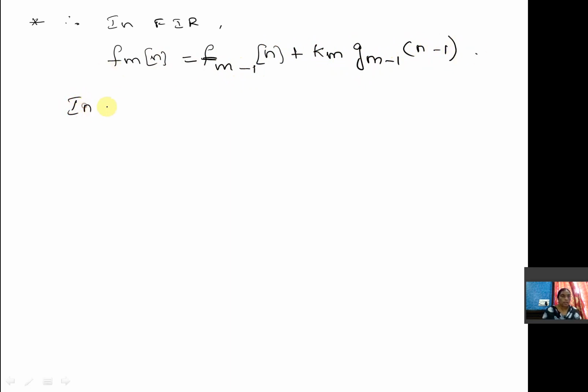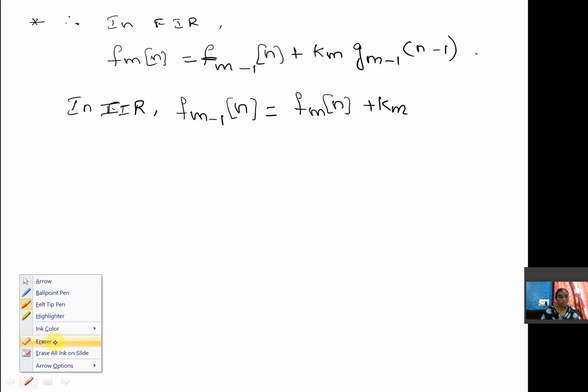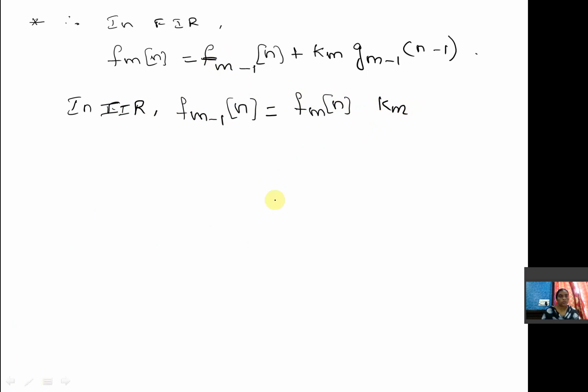But in IIR, as we interchange input and output, this one is nothing but f m minus 1 of n equals f m of n minus K m g m minus 1 of n minus 1.